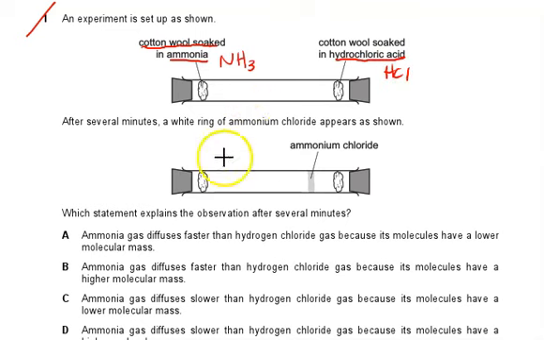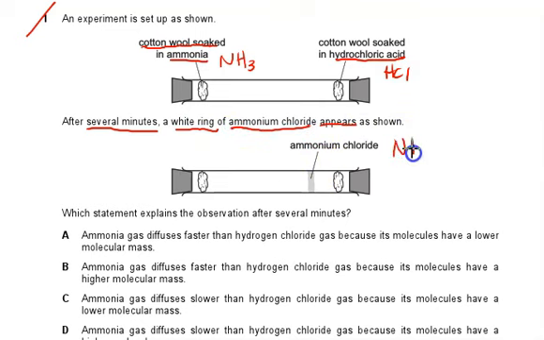Please remember this question has been repeated since 2020, in 2020 and 2021 May June. You can go through some of my videos on May June. After several minutes, a white ring of ammonium chloride appeared as shown.